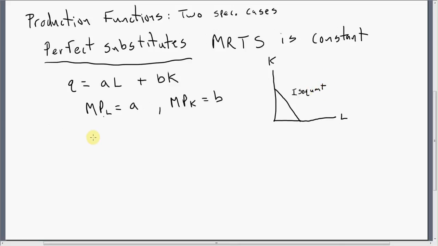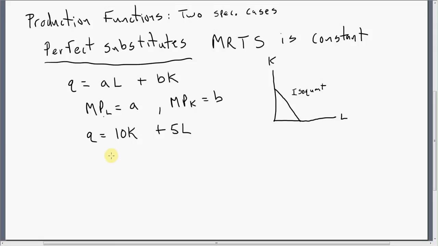So let's do an example. Let's say the production process is characterized by this idea of perfect substitutes. We have something like this.